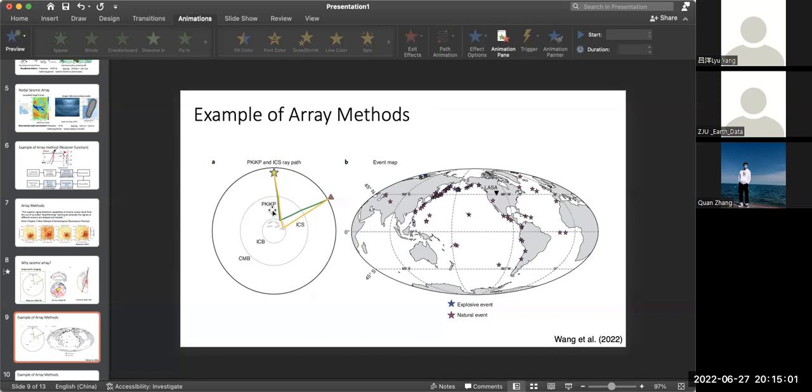So PK-IKP phase and the inner core scatterer phase will be seen in the PK-IKP coda. The star shows the epicenter of the events used.